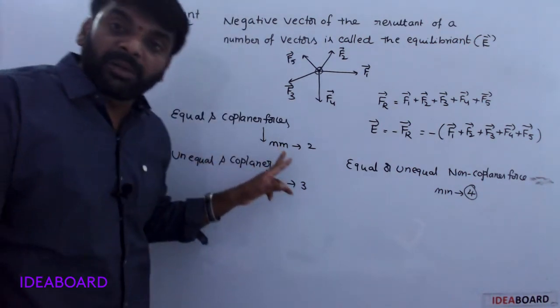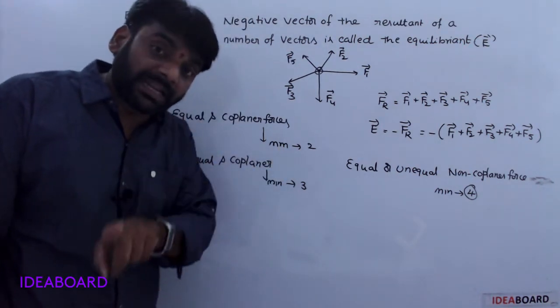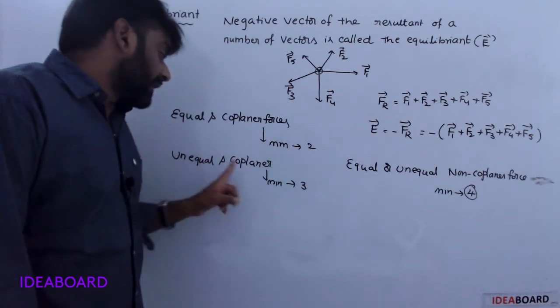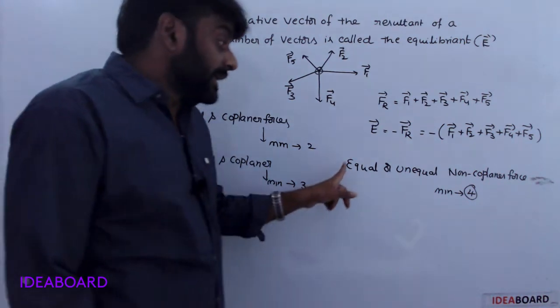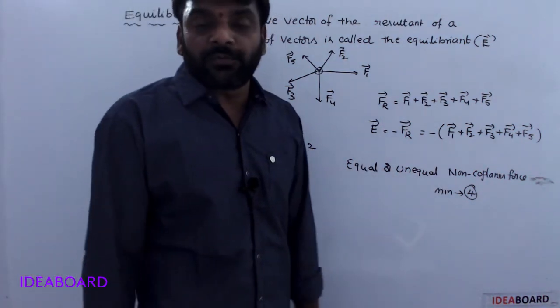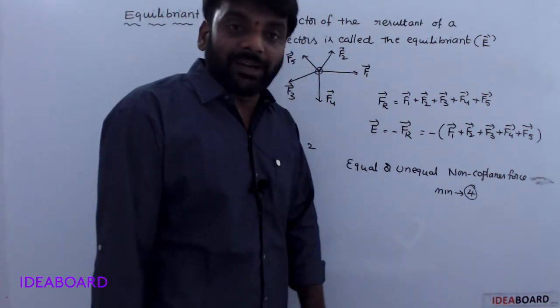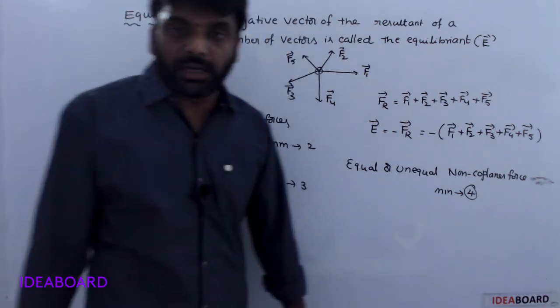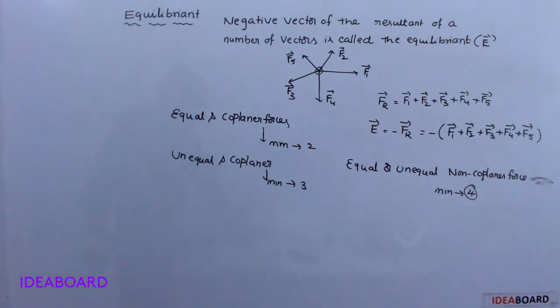Equal coplanar forces, minimum 2, are required to keep the particle in equilibrium. Unequal coplanar, minimum 3. Equal or unequal non-coplanar forces to keep the particle in equilibrium, minimum is 4. Understood? Okay.